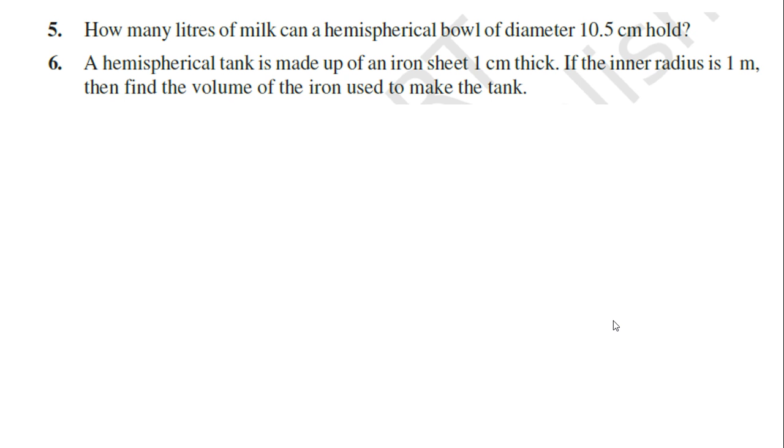Now you all know 1000 centimeter cube is equal to 1 liter. So you have to use that property and get this answer. So this fifth question you have to solve.